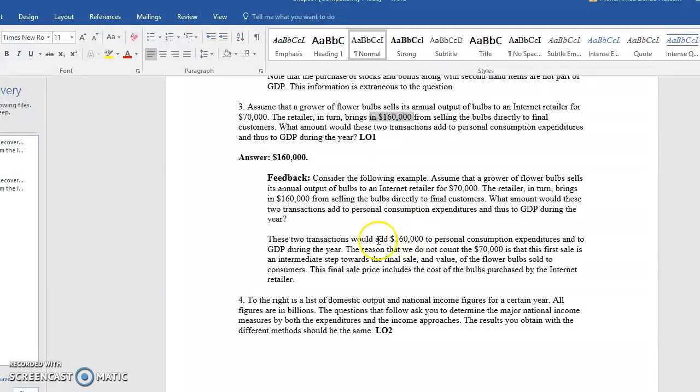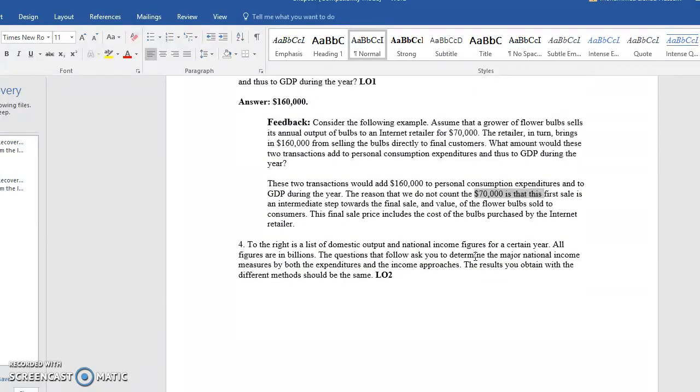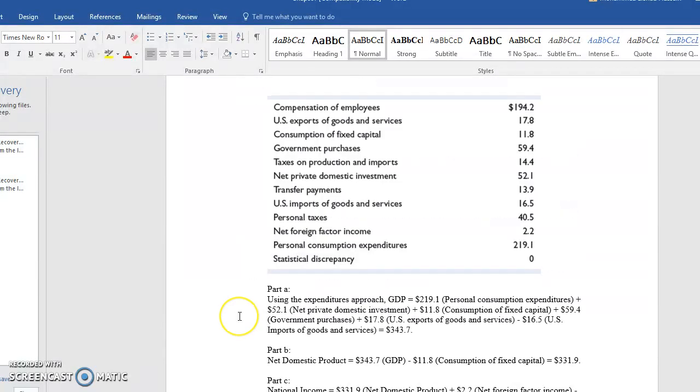So when we calculate GDP, we will ignore 70,000 and just take the value 160,000. This 160,000 already includes the value of the intermediate good, that is $70,000 worth of flower bulbs. So we just take $160,000 and use that to calculate GDP.